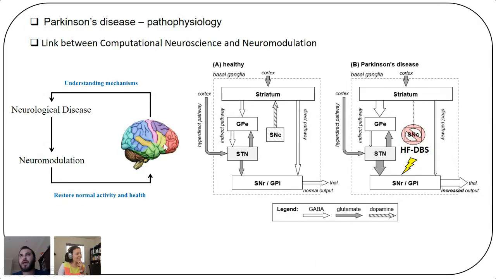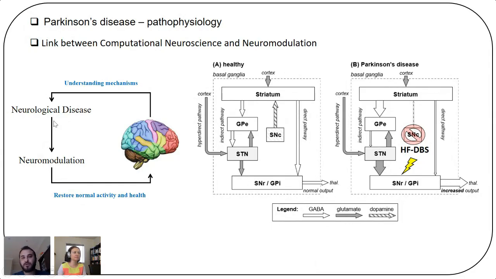We want to have some understanding about the mechanism underlying a specific circuit in the brain. So if we assume that this circuit is, for instance, the basal ganglia network, then part of the point of computational neuroscience is to understand the mechanism. And if we understand the mechanism, we can have a better understanding of how this goes wrong in neurological disorders.